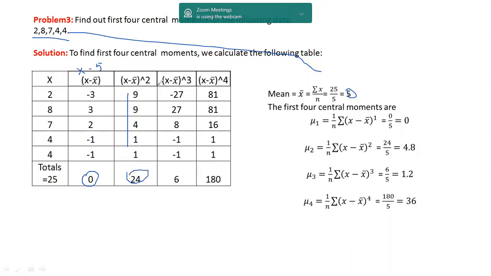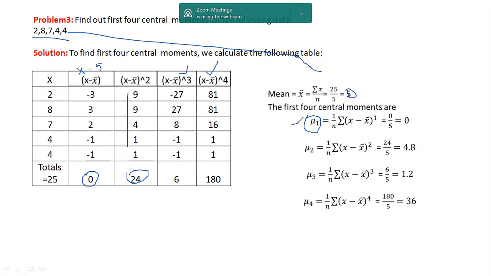Similarly, we are increasing the power. We are taking the cube of x minus x bar and the power 4 of x minus x bar. Then we use the central moments formula. Central moments are indicated with mu r, where mu r is equal to 1 by n of the summation of (x minus x bar) whole power of r. Where r equals 1, we say that is the first central moment.